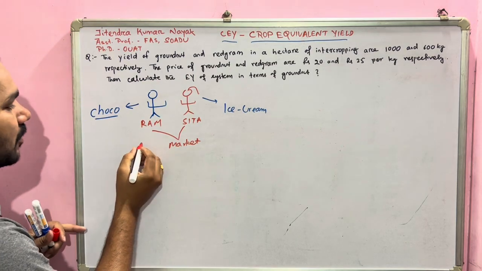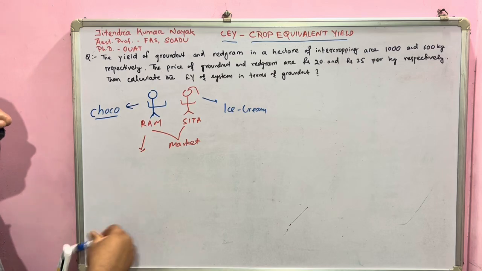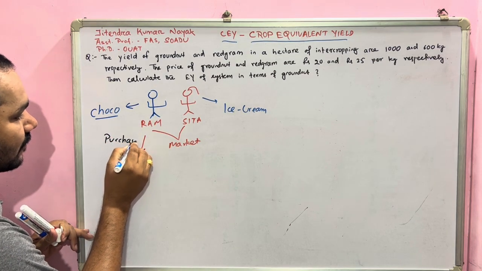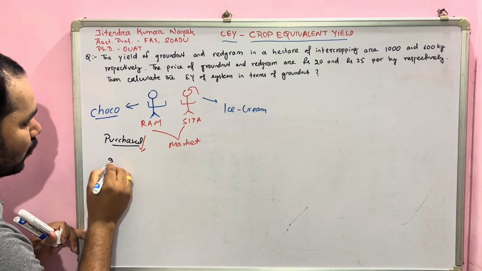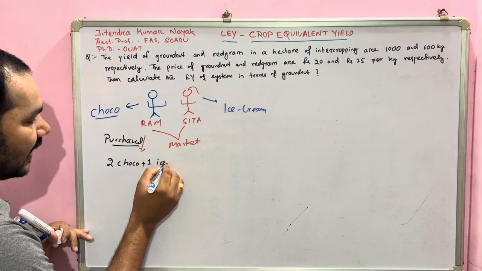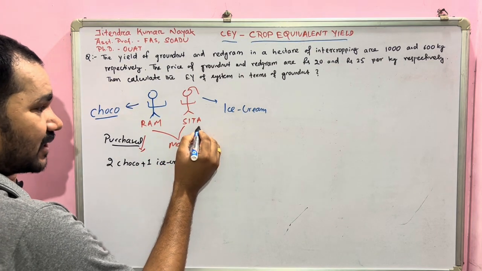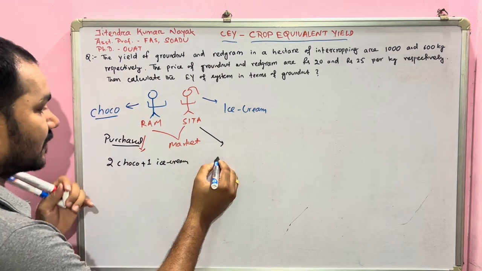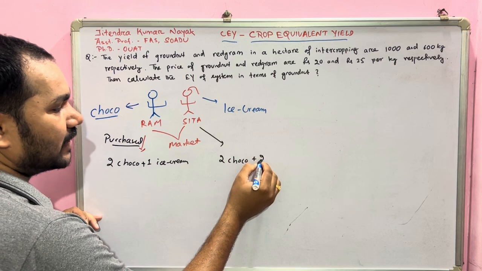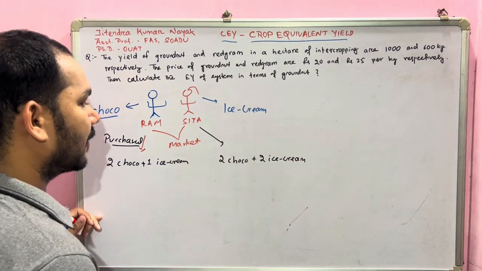So suppose Ram purchased 2 chocolates and 1 ice cream, whereas Sita purchased 2 chocolates and 2 ice creams.